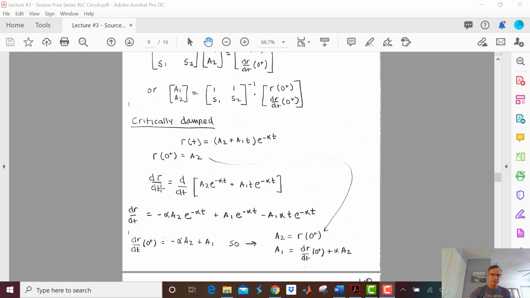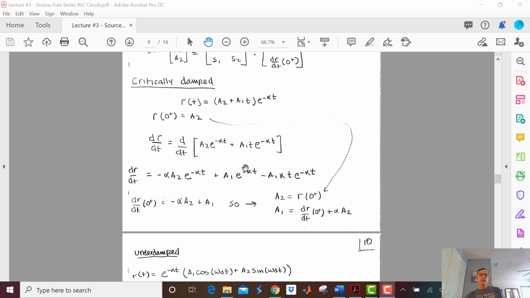Now I'm going to take the derivative of this equation. And that derivative is going to be equal, well, this term's easy. It's just going to be minus alpha A2 e to the minus alpha t. Here we have to use the chain rule. So we'll take the derivative of this and multiply this and the derivative of that and multiply it by that.